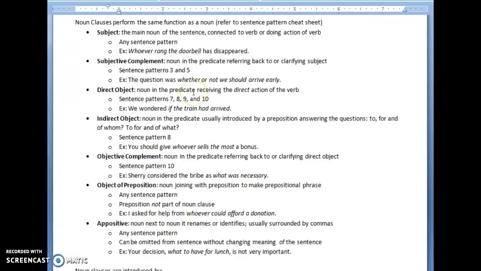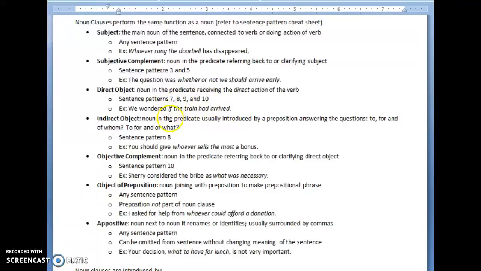So that is the noun that's receiving the direct action of the verb without any interceding prepositions, either stated or implied. So the example here is we wondered if the train had arrived. We wondered what? We wondered something. That again helps me identify a direct object. If I can ask a question of the verb, we wondered what, and then you can reply with a direct answer. So there's a noun clause functioning as a direct object.